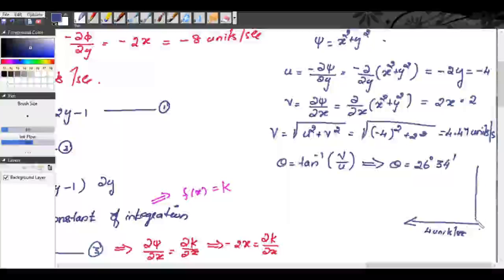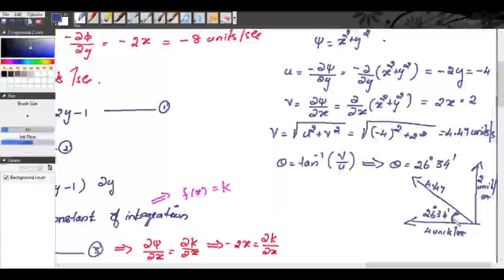And v is 2, so it will be in this direction, that is 2 units per second. So the resultant velocity will be in this direction. The resultant velocity is 4.47 units per second, and theta with respect to the x-axis is equal to 26 degree 34 minutes.